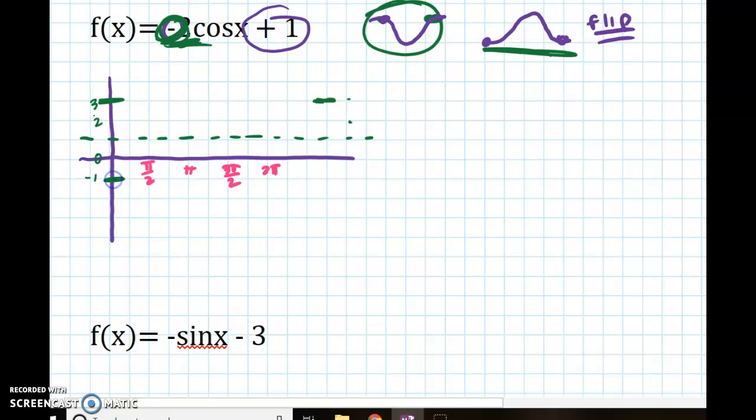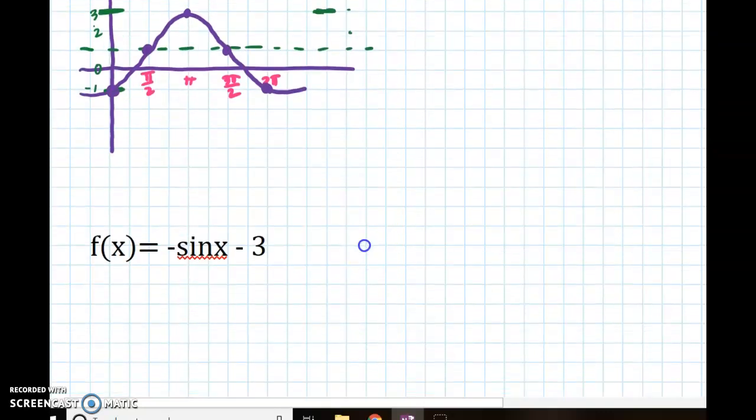So this is my minimum value, -1, not -2. My apologies. Now let's graph. We start at the bottom, then we go to the middle, and then to the top, and then back to the middle, and then to the bottom. Then connect your dots.